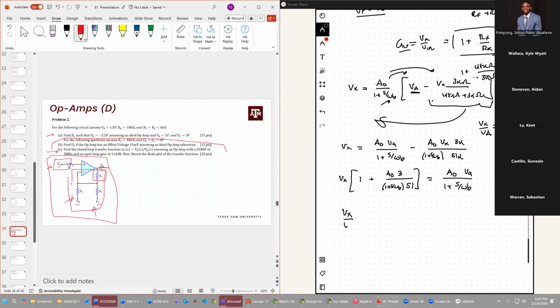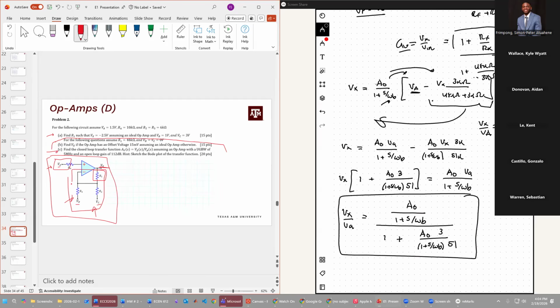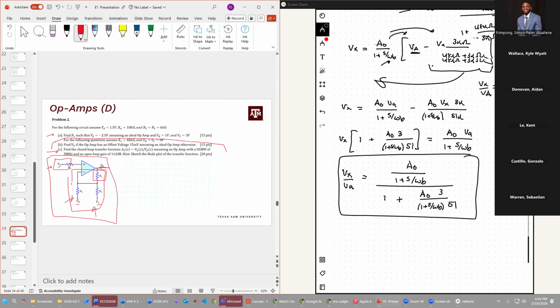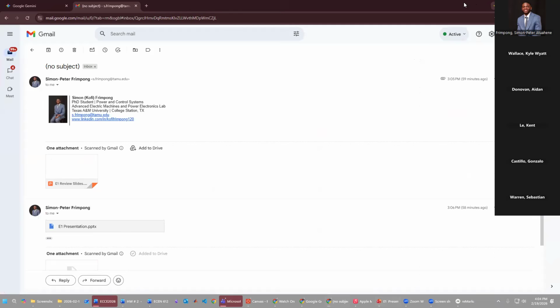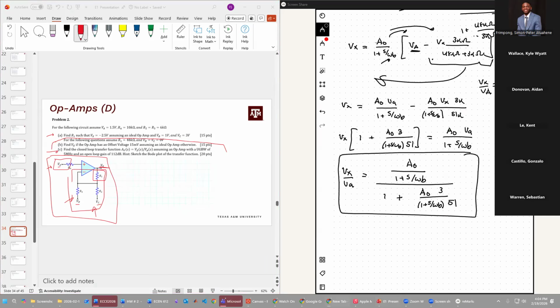And then solving for this, we should get... Okay. So this should be the form of the final answer. We'll just have to plug in all of our values here. Let me pull up the answer sheet here just to make sure we're on the right track.